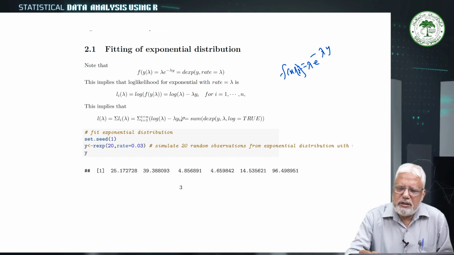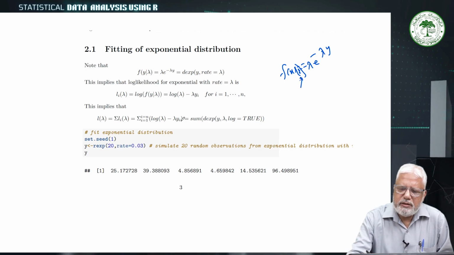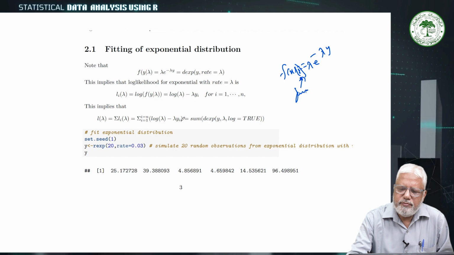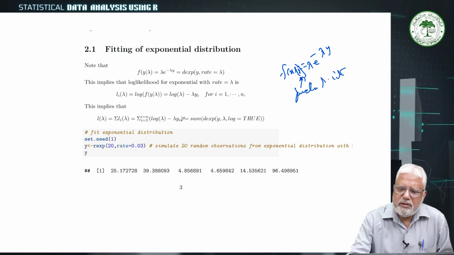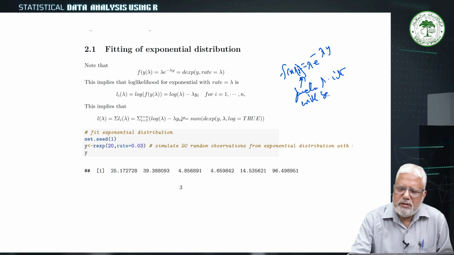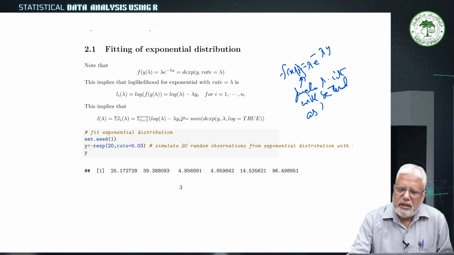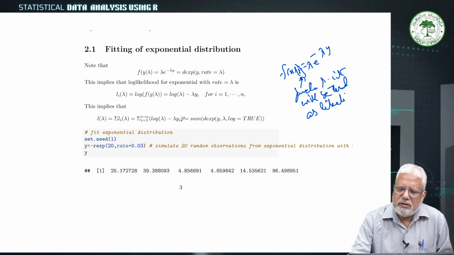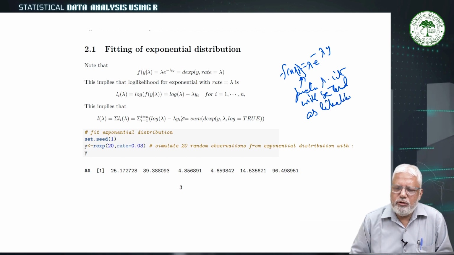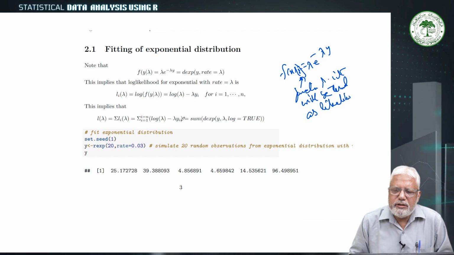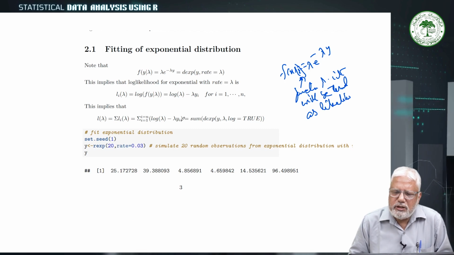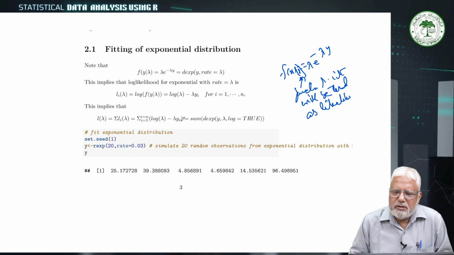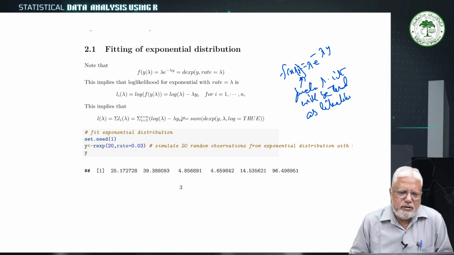When it is treated as a function of x, it will be the joint density function. When it is treated as a function of lambda, it will be termed the likelihood function.